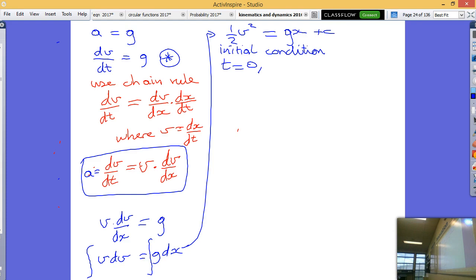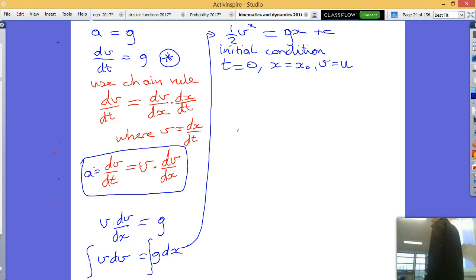Now we have no variable of time in this formula, but you need to think about at the start of my journey, when I start timing, I'm in my initial position and I have some initial velocity. What are my quantities at the start? So my x is an initial position, x naught, and my velocity is some initial value u, the initial velocity. Does that make sense? All right.